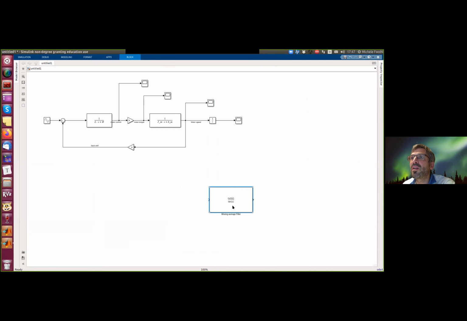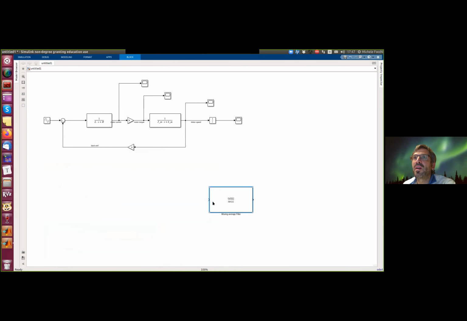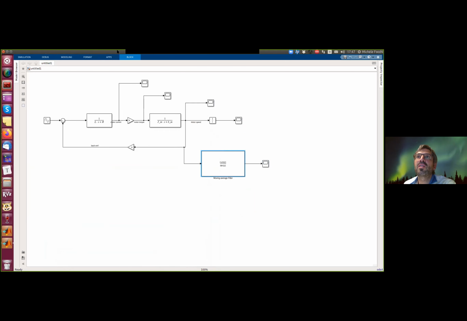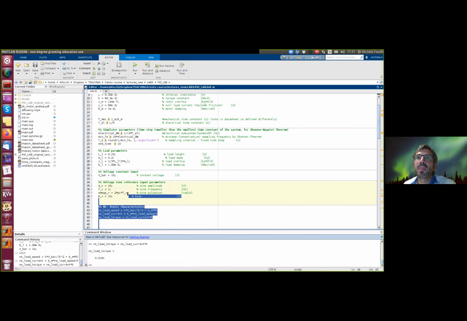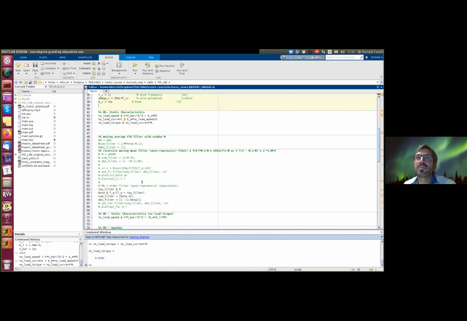You see here, if you open it, you have a numerator and a denominator, and we need to put the speed as input to that, and the numerator and the denominator have this, so this was this one in essence.